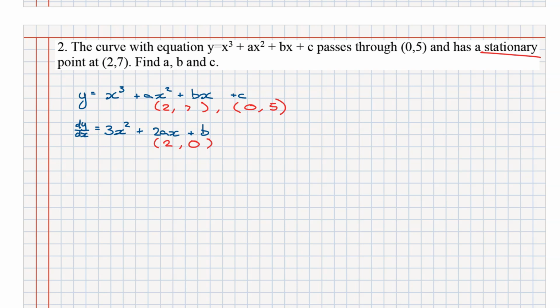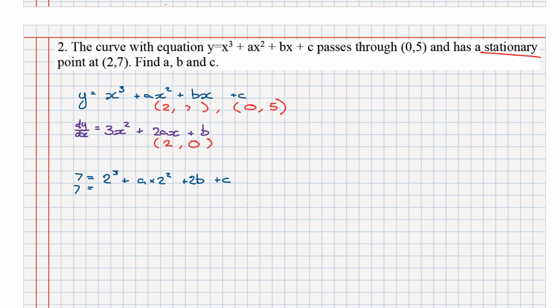So piecing all of this together, let's do these in a different color. Let's change it to purple. That's better. Alright, cool. So building our equations, we're going to get 7 equals 2 cubed plus a times 2 squared plus b times 2 plus c.